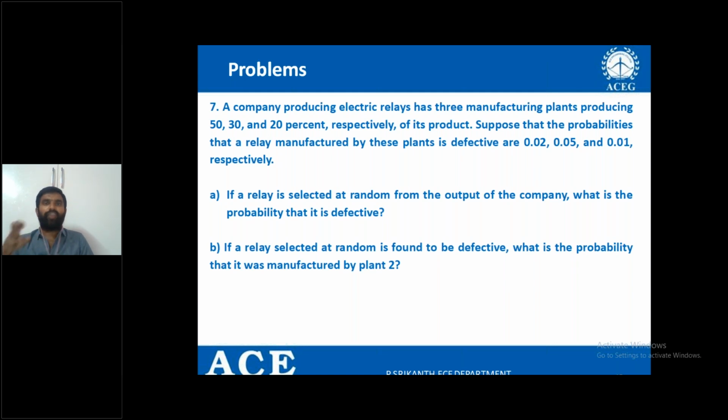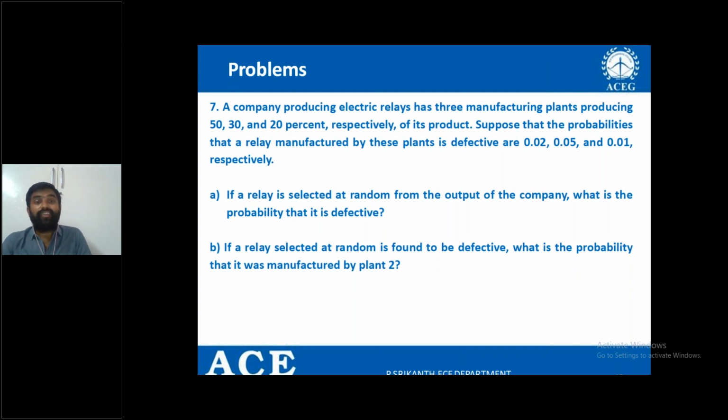If I select any defective relay, that may belong to the first one, with probability 0.02. Similarly, from the second one, the probability is 0.05. And similarly from the third one, 0.01 respectively, right?